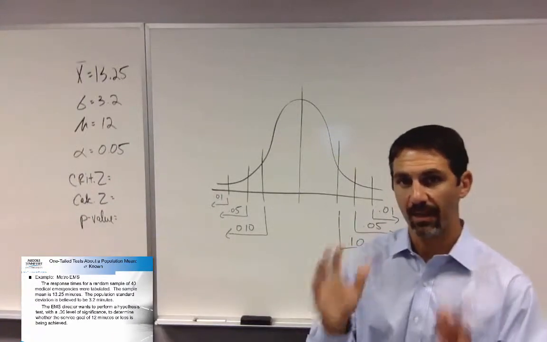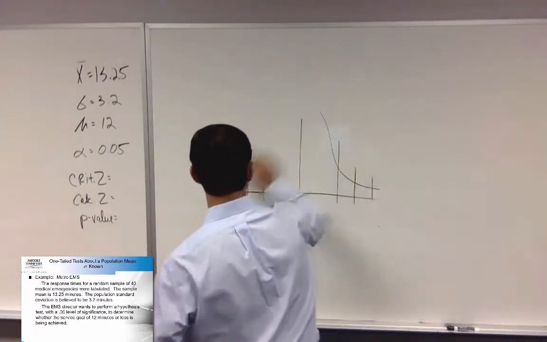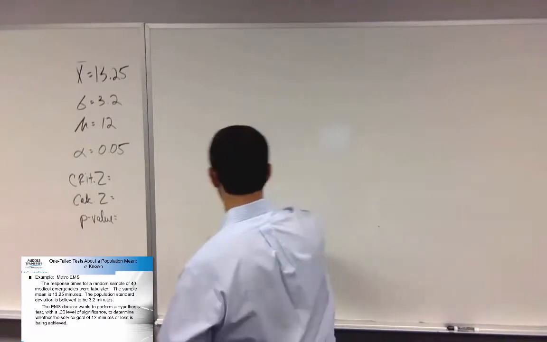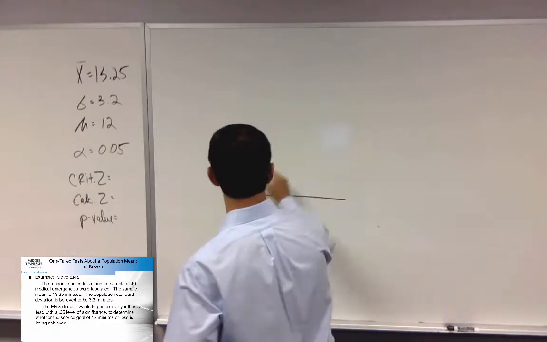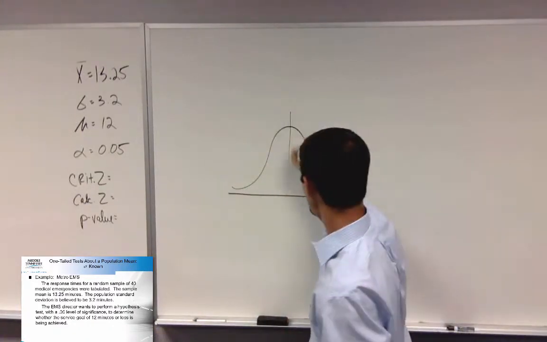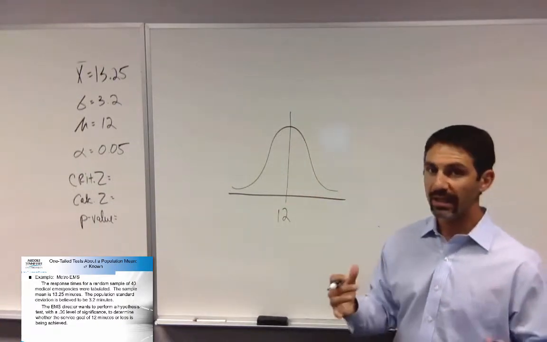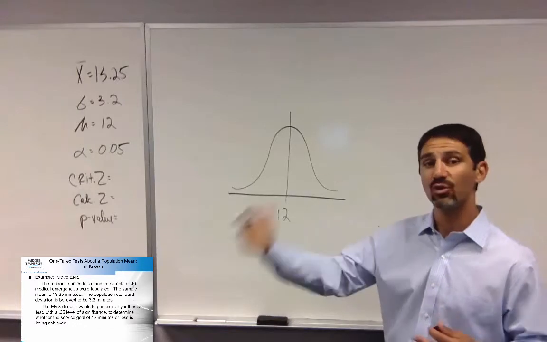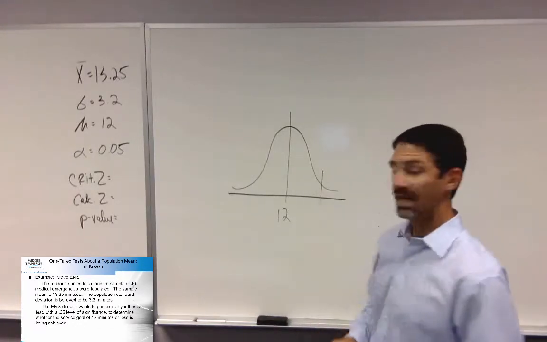So let's take a look at that up on the board. If I say 12 minutes or less, what I'm saying is 12 is here. Now, what I really care about is, am I greater than 12 minutes, which is represented as that tail.